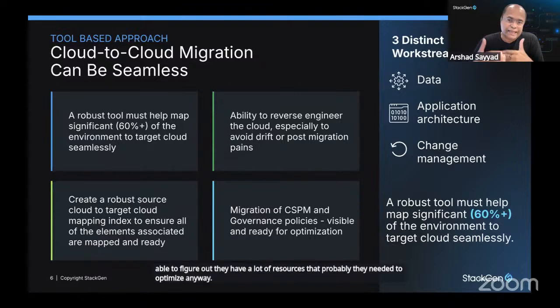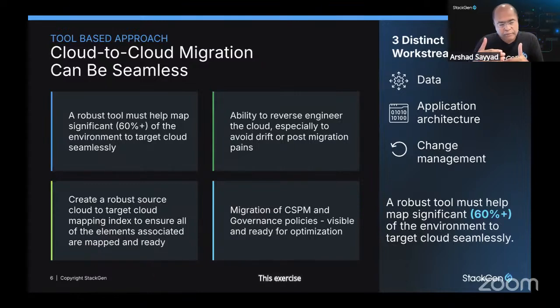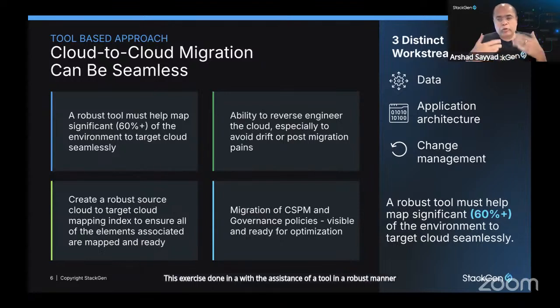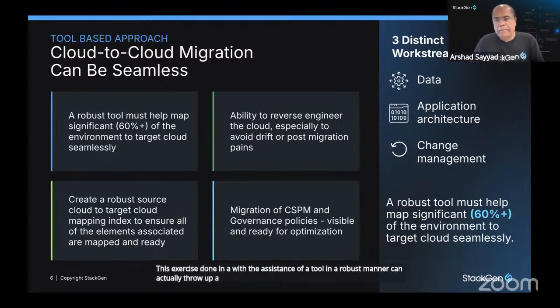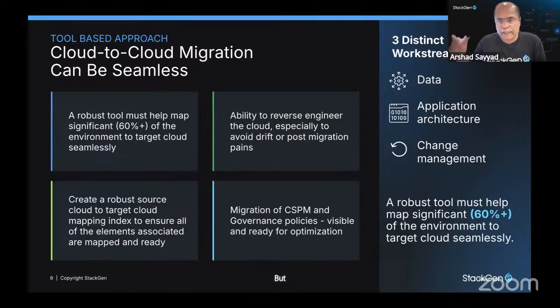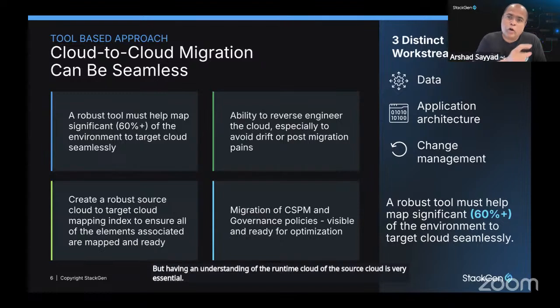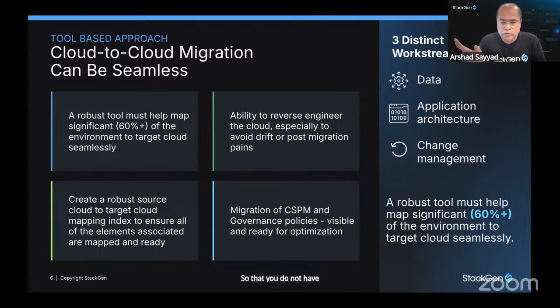So this exercise done with the assistance of a tool in a robust manner can actually throw up a lot of positives. But having an understanding of the runtime cloud, of the source cloud, is very essential so that you do not have problems and you do not have to iterate back and forth to make sure your target cloud is very close, if not exactly similar to the source cloud.